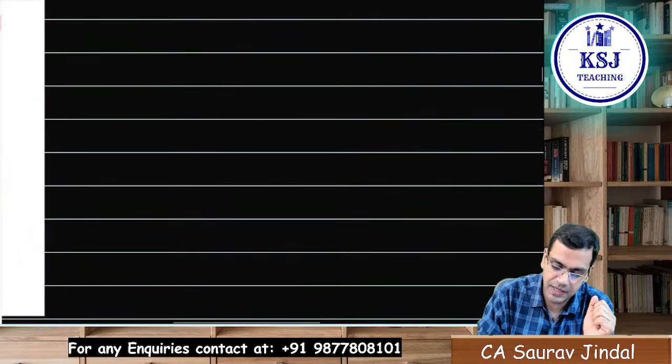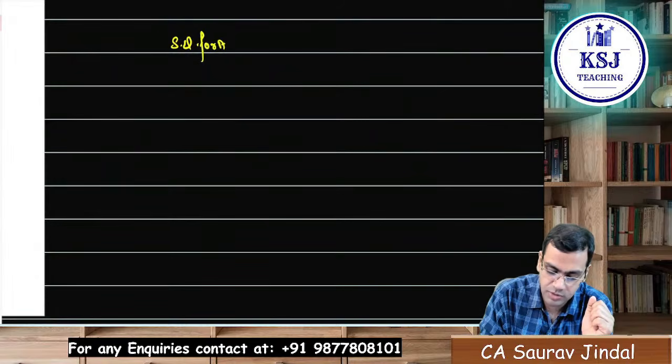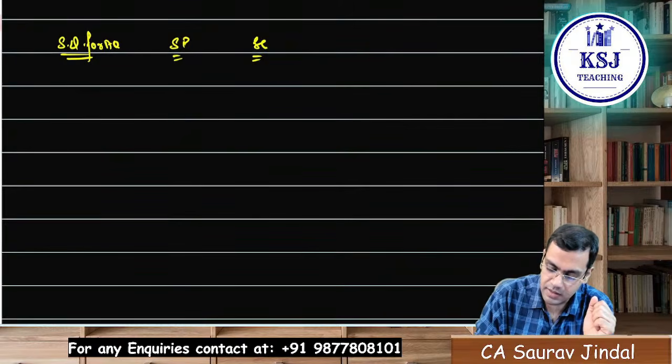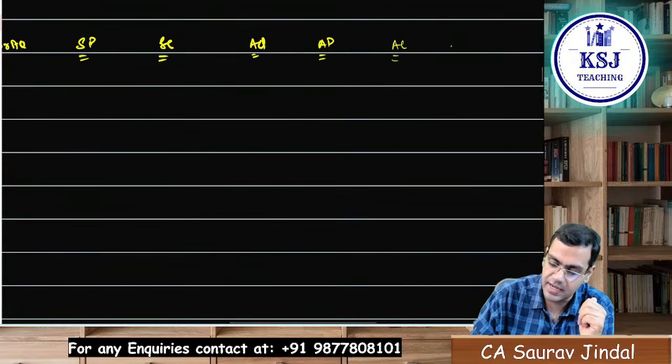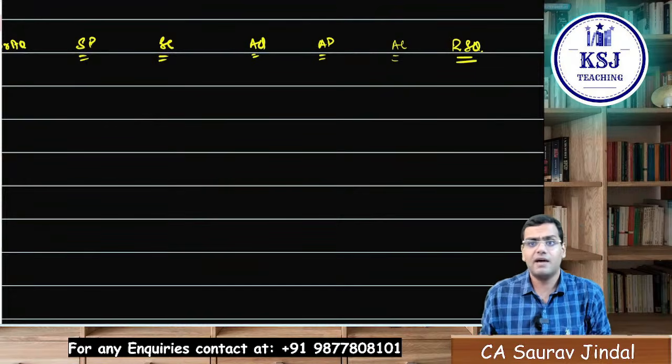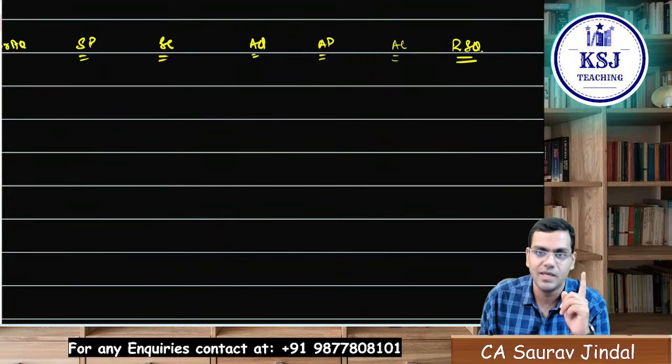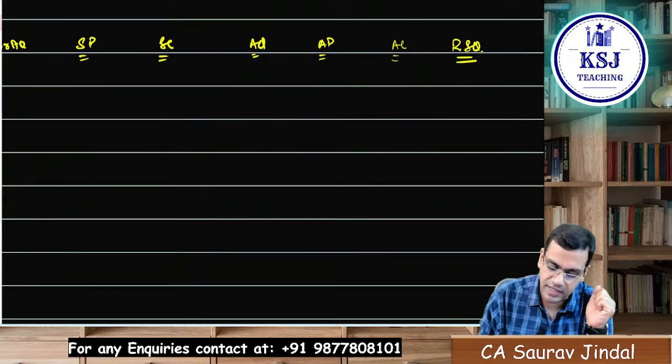Now we will prepare the table here, sir, that is standard quantity for actual output, standard price, standard cost, actual quantity, actual price and actual cost, and then we can have the revised standard quantity also. Why can we have revised standard quantity? Because wherever more than one raw material is being used, we can have the revised standard quantity.